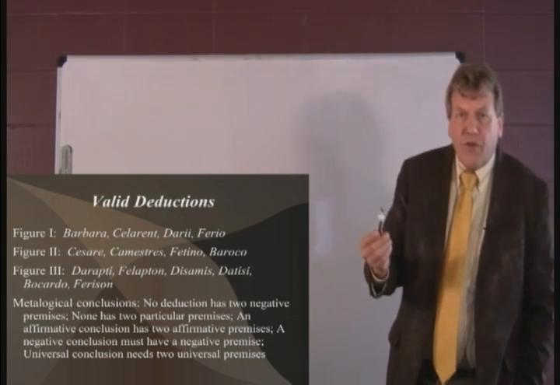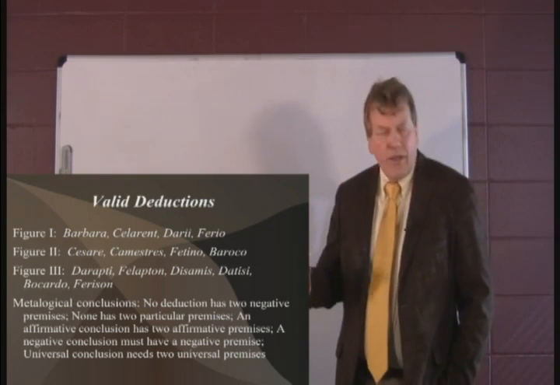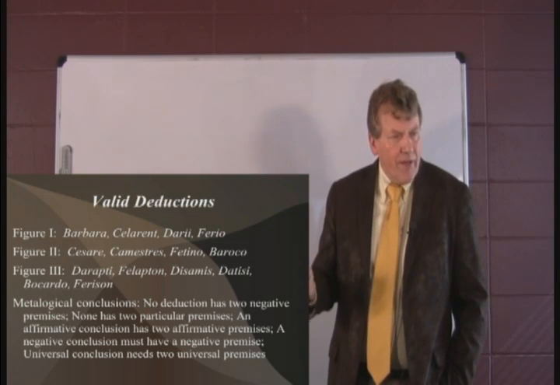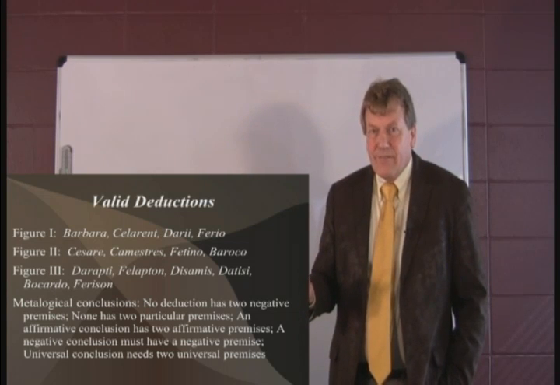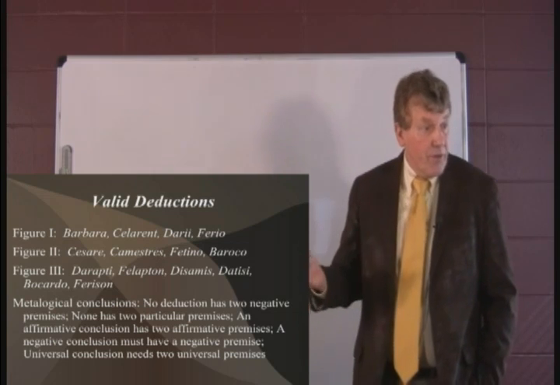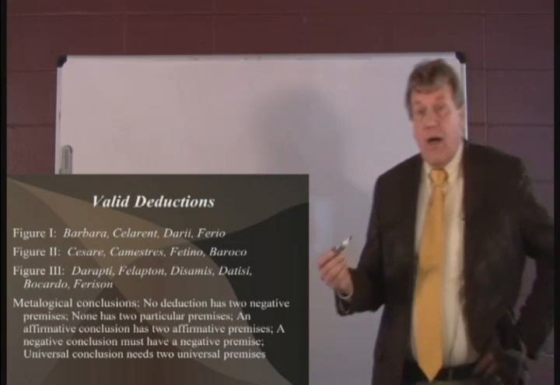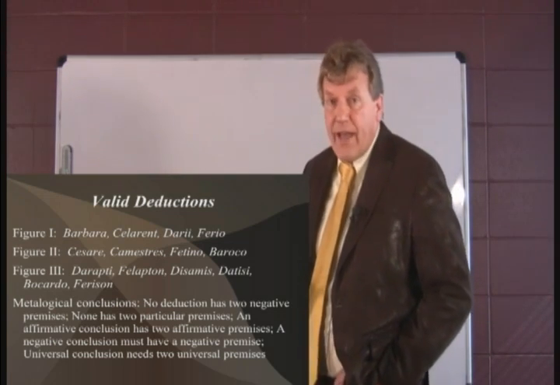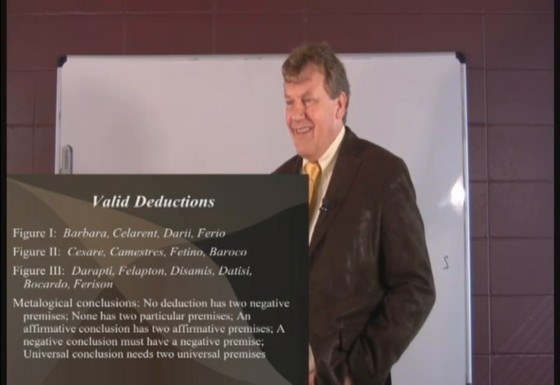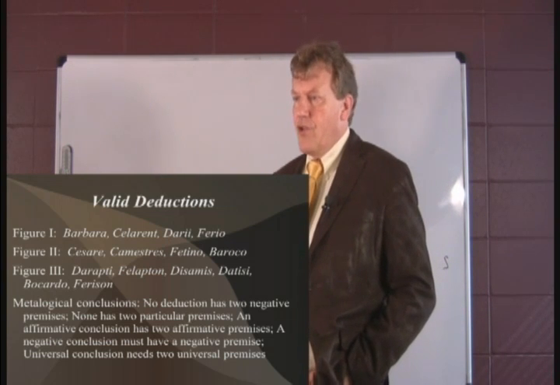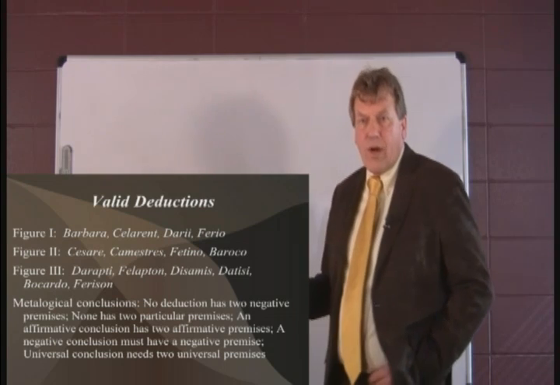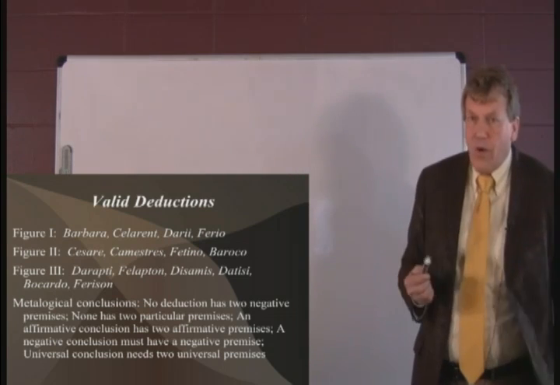If you're going to have an affirmative conclusion, then both of your premises must be affirmatives, right? He proves this stuff. It's pretty amazing, right? A negative conclusion must have a negative premise. If you're going to have a negative conclusion, that is either an E or an O coming out, you better have an E or an O going in, right?